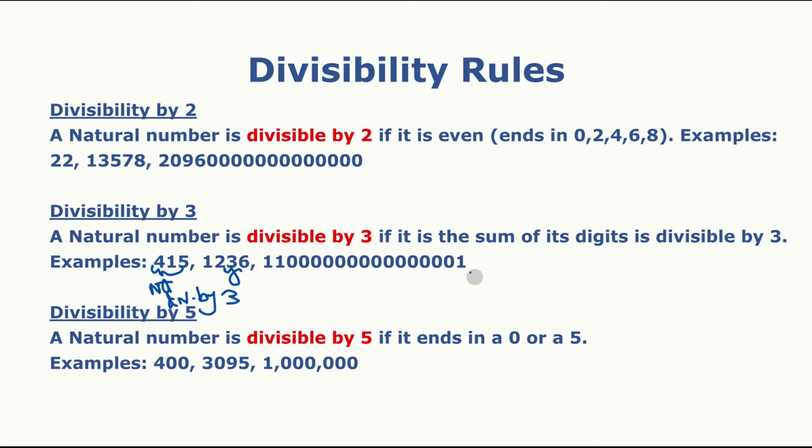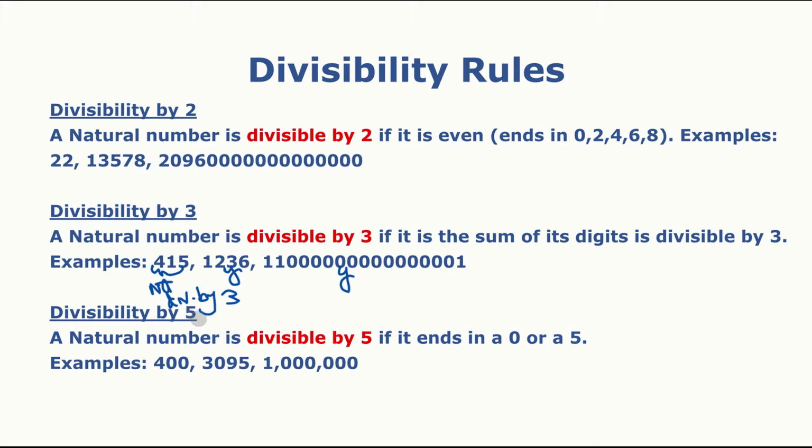And what is 1 plus 1 plus 1? That's 3, right? So this one too, yes, it's divisible by 3. So the first one, no, because the sum of the digits was 10, and 10 is not divisible by 3. But these two, yes, because their digits added up to numbers that were divisible by 3.